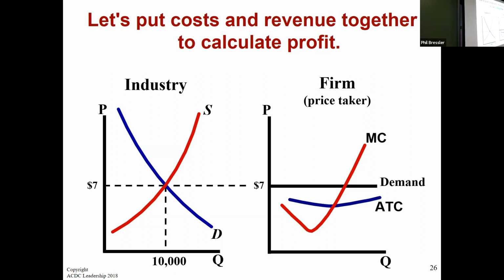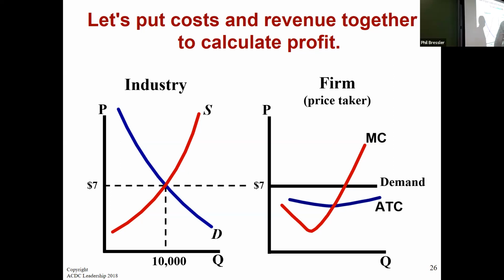Teddy, looking at that graph, can you tell me, is that company making money, losing money, or breaking even? Because it's above where the average total cost and the market cost intersect, are they making money? They are making money. Okay.